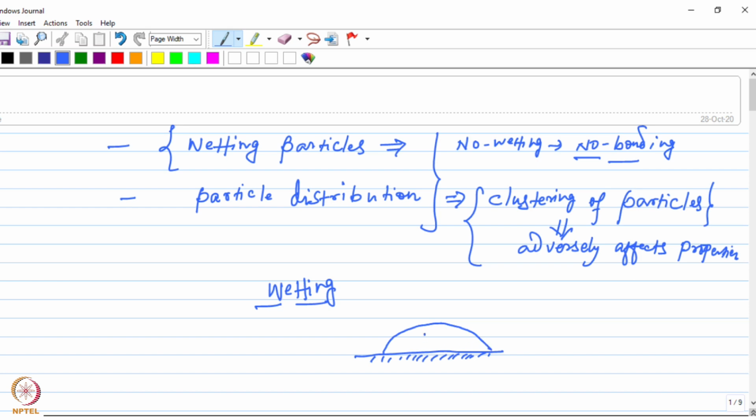So let's say this is the liquid drop which is sitting on a solid surface. So how good will be the wetting between the liquid and this solid surface? That would be decided by this angle, which is known as the contact angle.